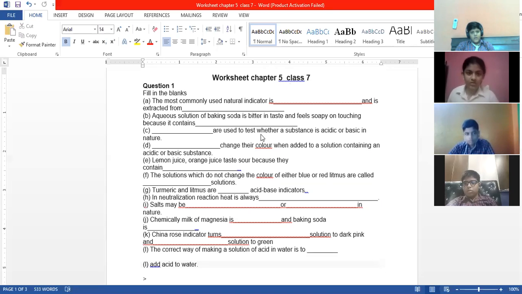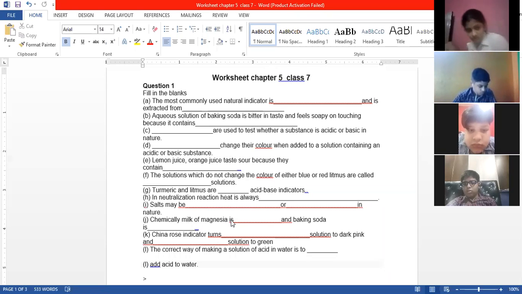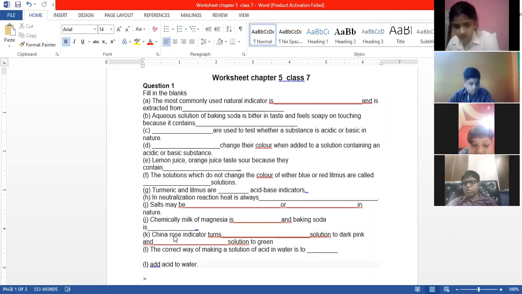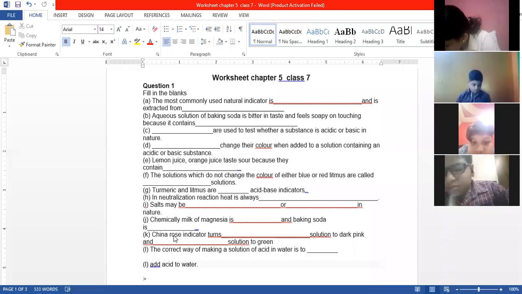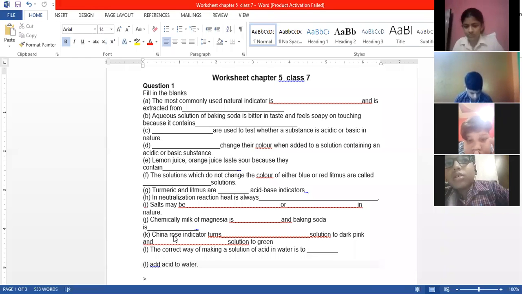Magnesium hydroxide. Yes, chemically, milk of magnesia is magnesium hydroxide. And baking soda is, Lavish, will you give the answer? What is another name for baking soda? Sodium hydrogen carbonate.